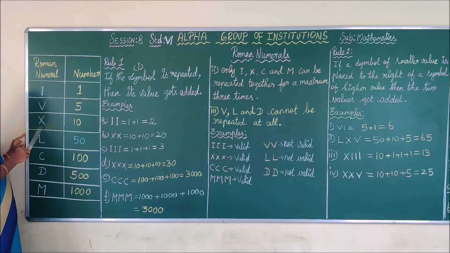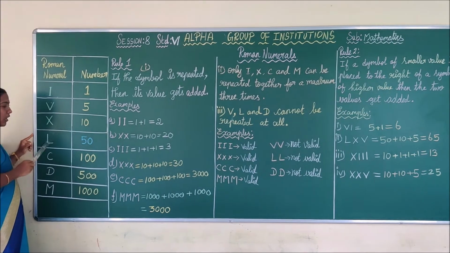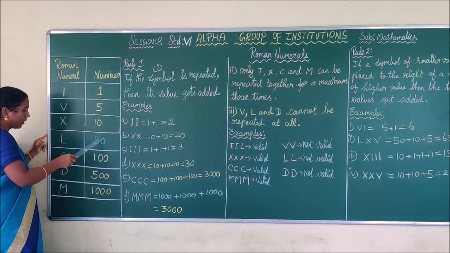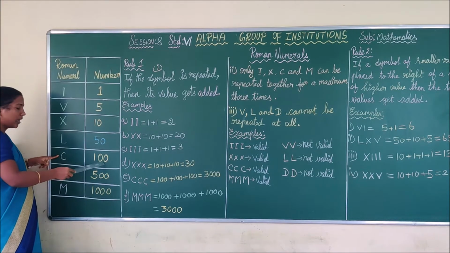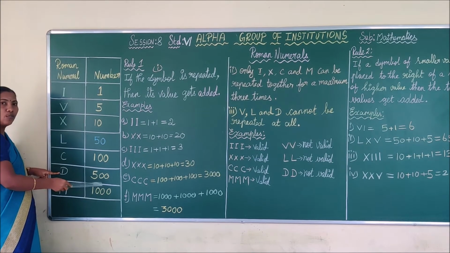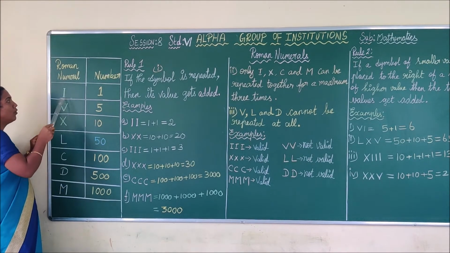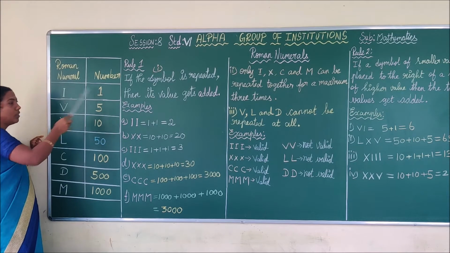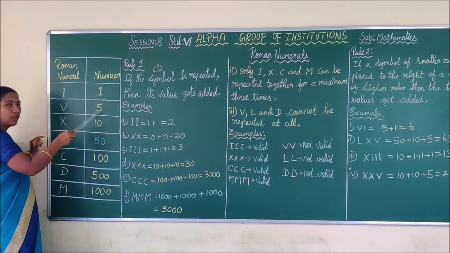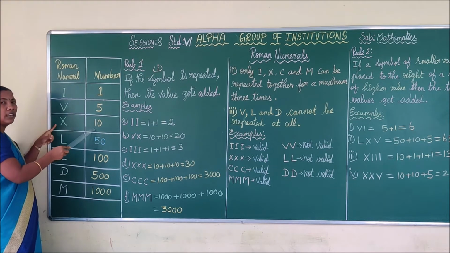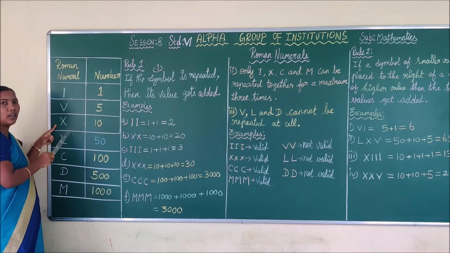What is the value X takes? 10. What is the value L takes? 50. What is the value C takes? 100. What is the value D takes? 500. What is the value M takes? 1,000. You already know the value of I is 1, value of V is 5 and value of X is 10. You are using these values in your daily life.